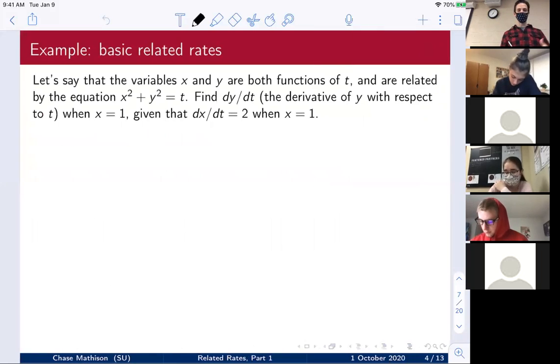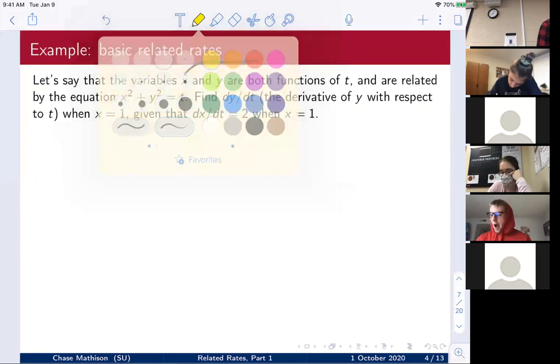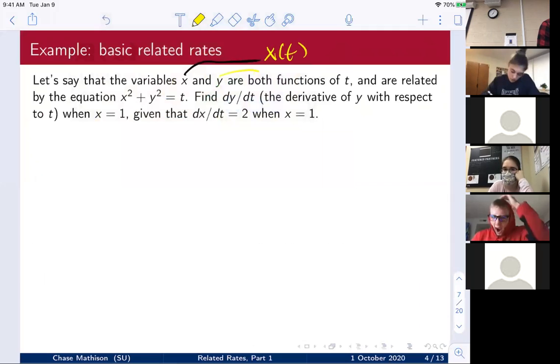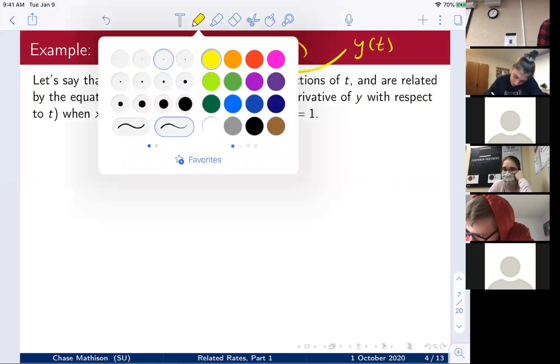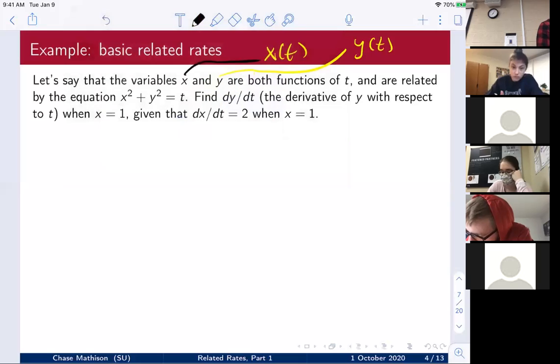Here's one of the most basic related rates problems that we'll look at. The variables x and y are both themselves functions of t. This is x of t, and y is y of t. We're going to assume that they are related by the equation x squared plus y squared equals t.